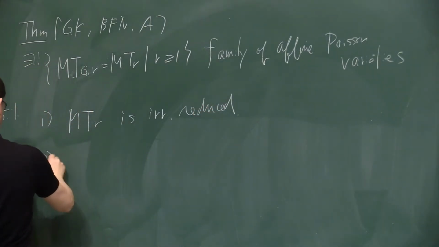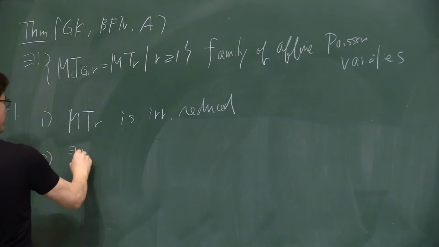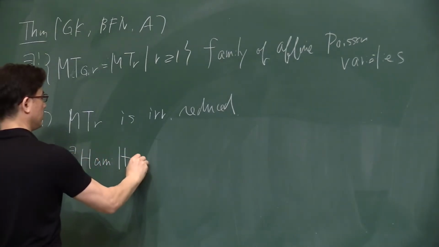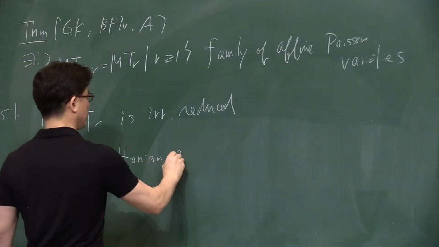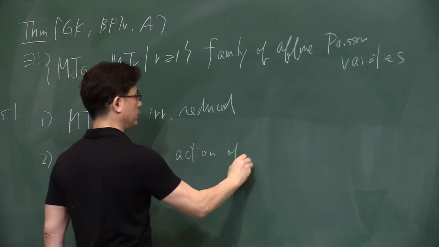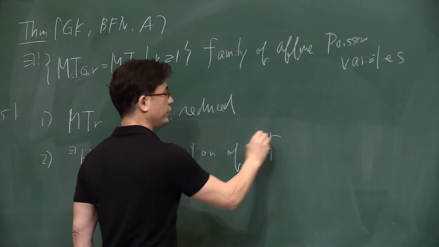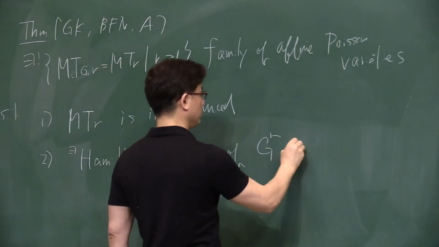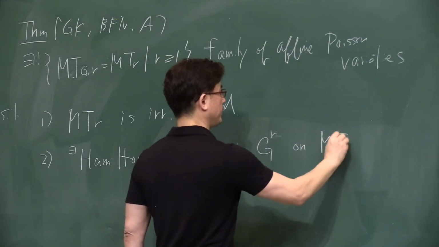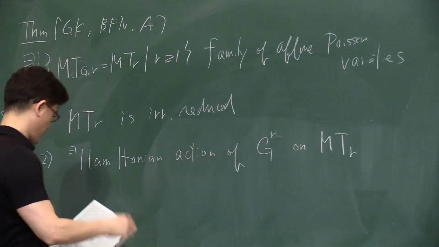And there exists a Hamiltonian action of R copies of G on this Poisson variety.